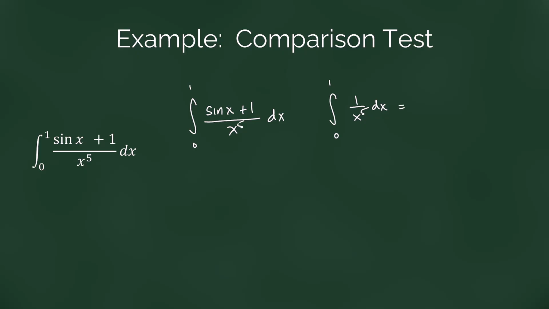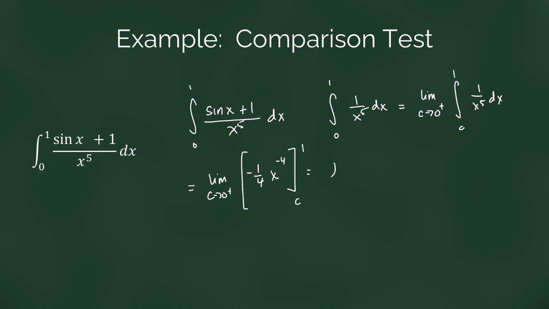Well, because that is unbounded at 0, that is the same as the limit as c approaches 0 from the right of the integral from c to 1 of 1 over x to the 5th dx. And so if we take an antiderivative of that, x to the negative 5th, we're going to get negative 1/4 x to the negative 4th from c to 1.